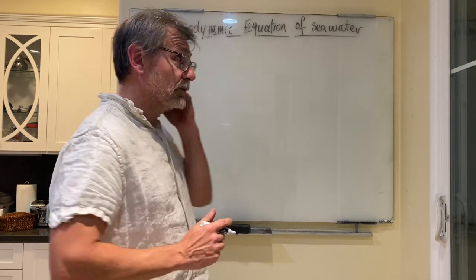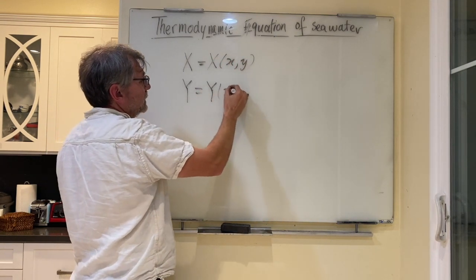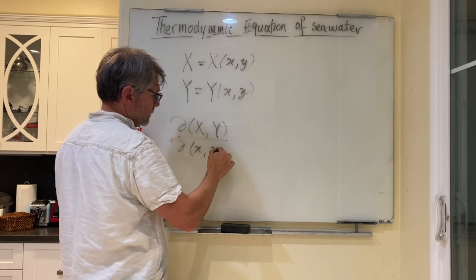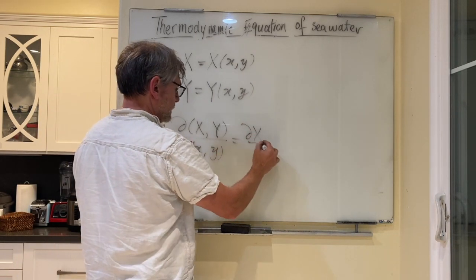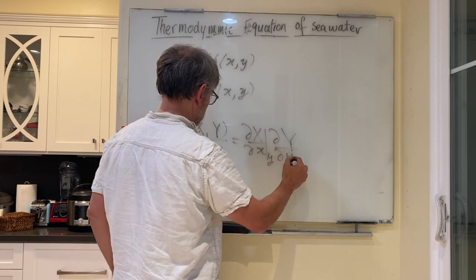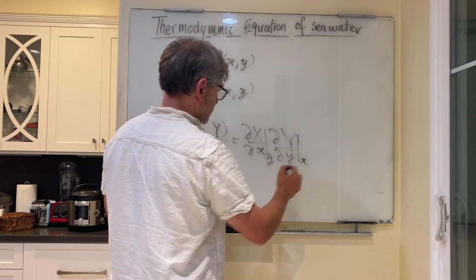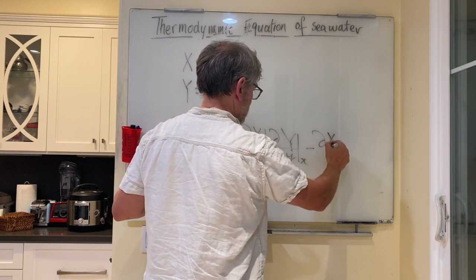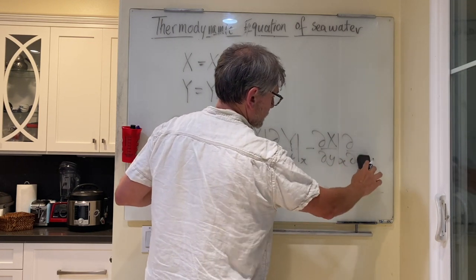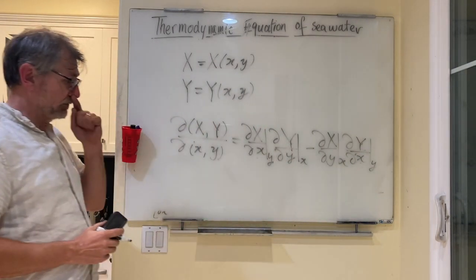So if I had, again, big X as a function of little x and little y, and big Y as a function of little x, little y, and I take this Jacobian, that is equal to dX/dx holding y fixed, times dY/dy holding x fixed, minus dX/dy holding x fixed, times dY/dx holding y fixed.